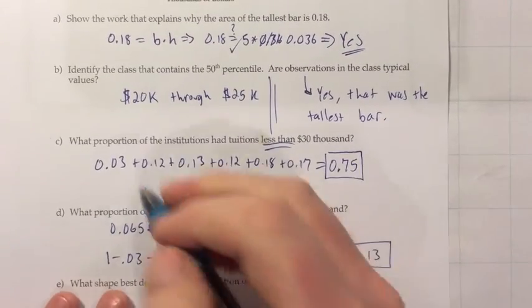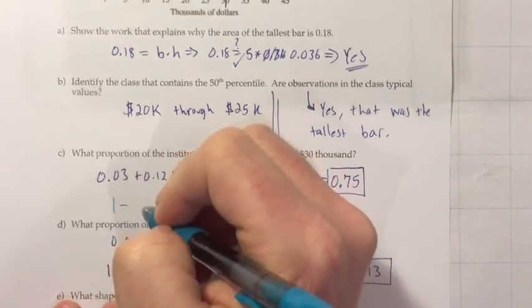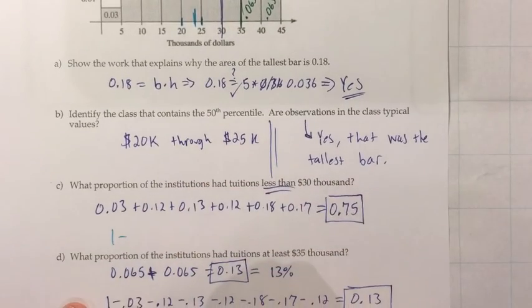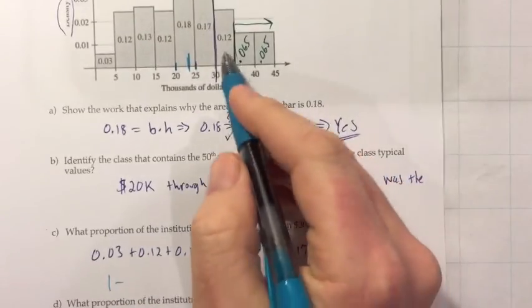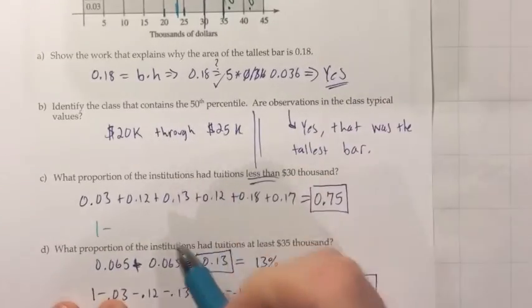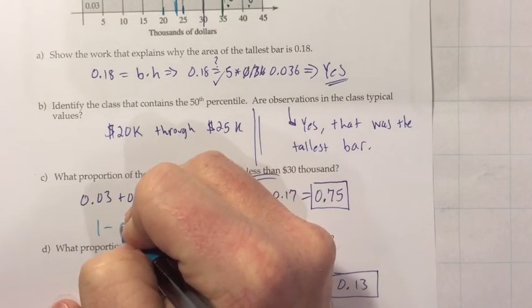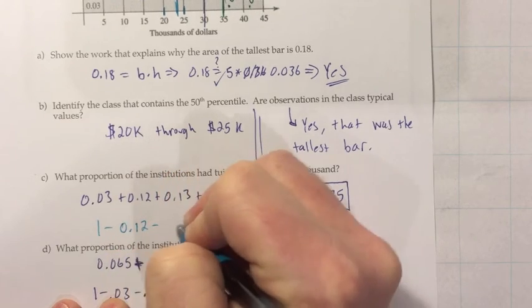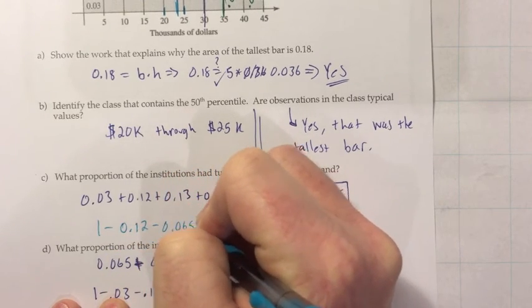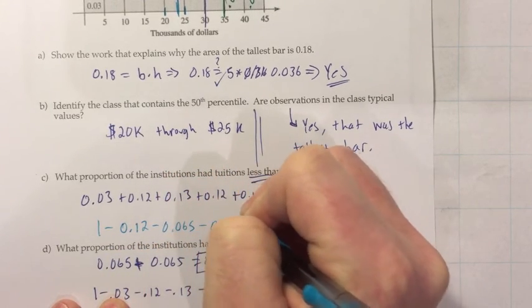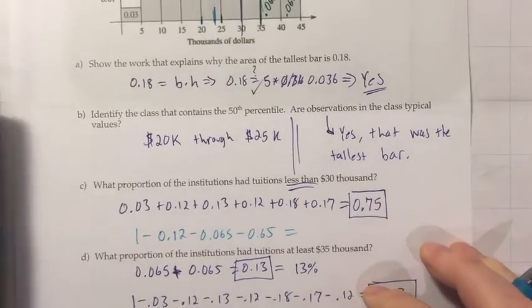I couldn't do it at the time because I didn't have all the bars labeled. But so I'm going to subtract from 1 these 3 bars, so 1 minus 0.12 and minus the 0.065 and the other 0.065, and that should give us the same 75%.